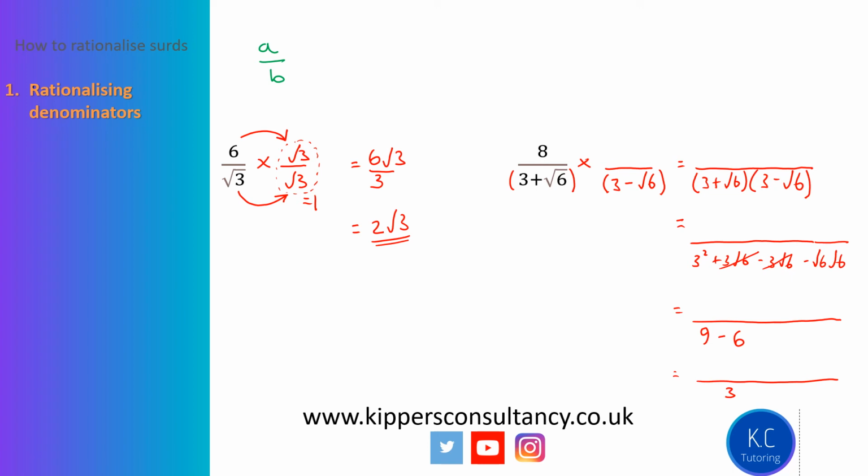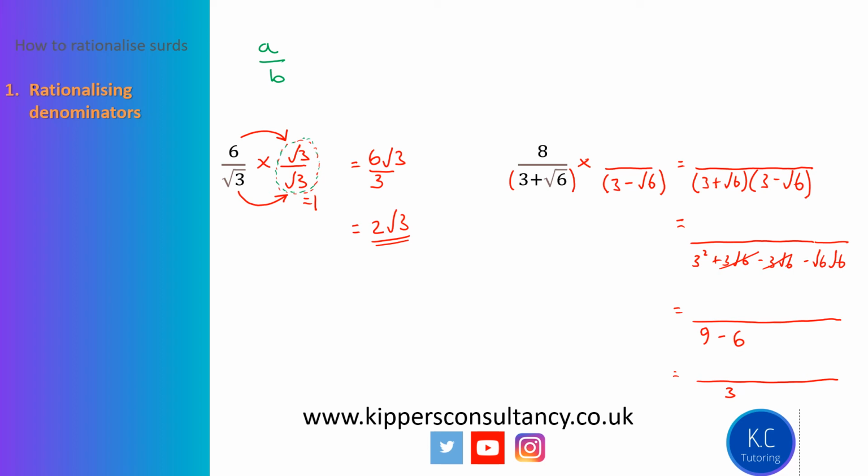I just want to go back to the beginning now, and as you can see over here, in our previous example we made sure that we multiplied our irrational expression by essentially 1, an irrational number over the same irrational number. So I need to do the same here.